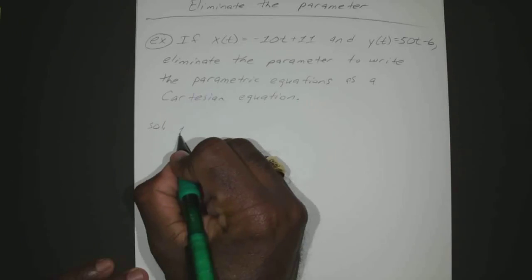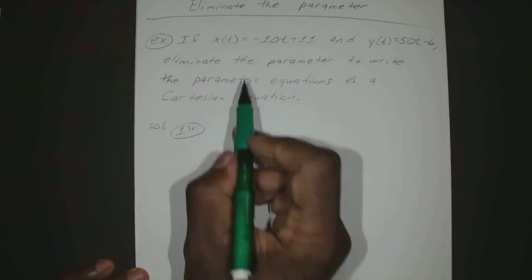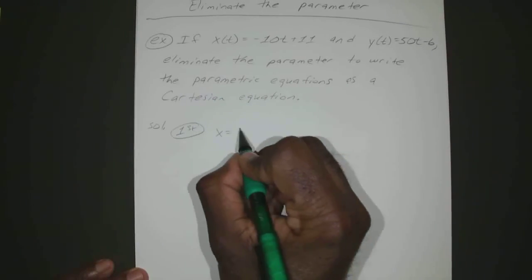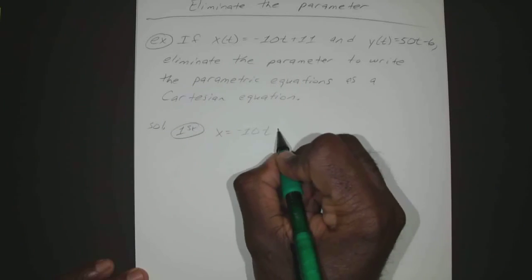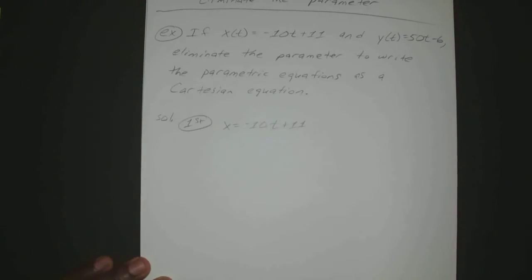Okay, so first, instead of x of t, we'll just let x equal negative 10t plus 11. So the first thing we're going to do is solve for t.